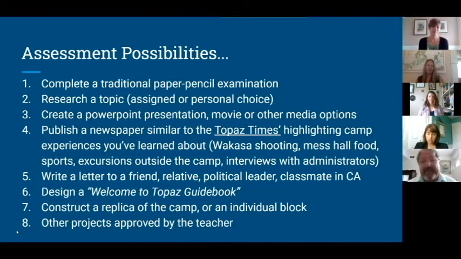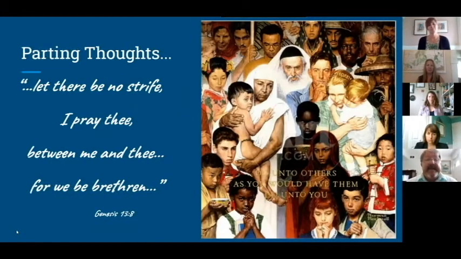And to wrap this unit up, if you'll go to the very last slide, of paramount importance, above all else, please instill in your students the mission of the Topaz Museum, which is taken from the biblical book of Genesis. Let there be no strife between me and thee, for we be brethren.